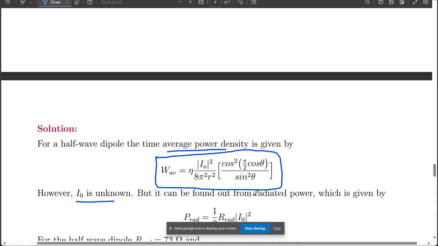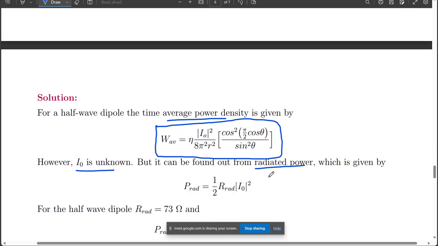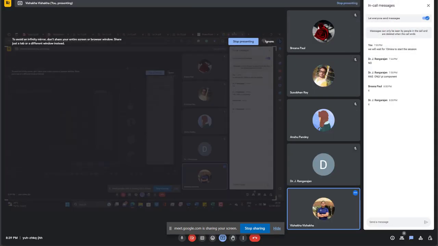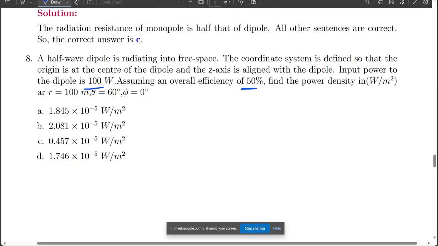But input power is given to you and efficiency is given to you, so the antenna is only 50% efficient. So we can find out the power radiated.